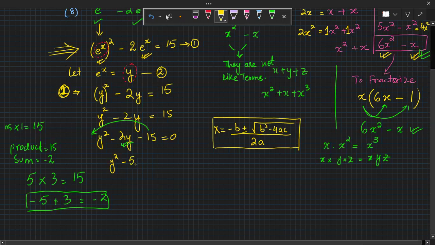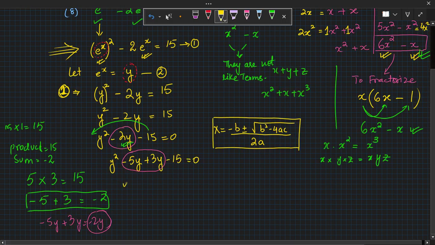So that's going to be minus 5y and then plus 3y and then the 15 equals to 0. What I have done here, I have replaced this minus 2y with minus 5y plus 3y. Will they give you minus 2y?